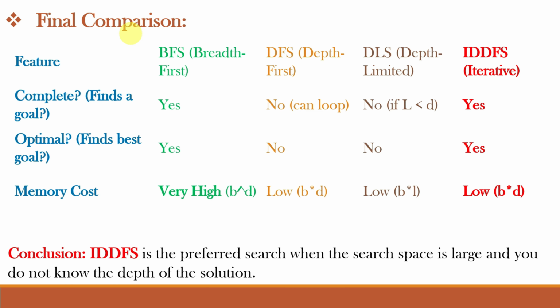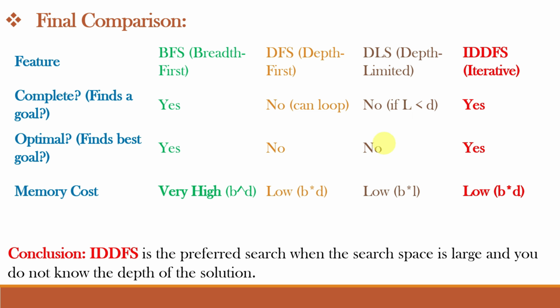So let us compare BFS, DFS, DLS and IDDFS. BFS is complete and optimal, but its memory cost is terrible. It is not practical for large problems. DFS has low memory, but it is dangerous. It can get stuck in loops and is not optimal. DLS fixes the loop problem, but it is incomplete.